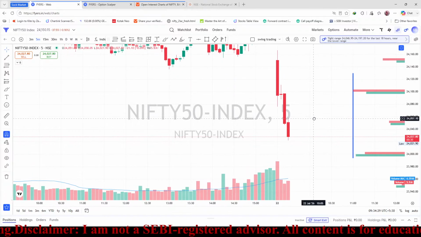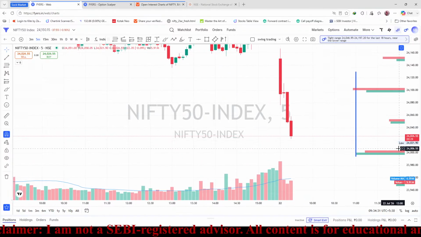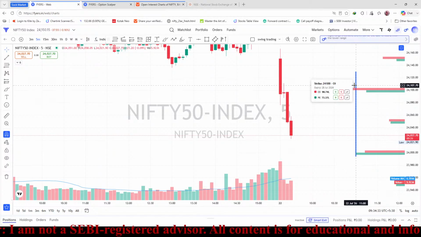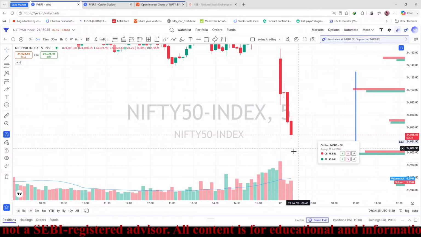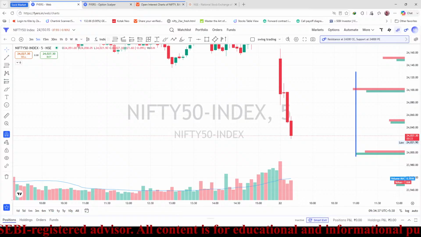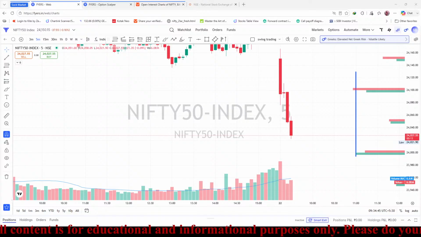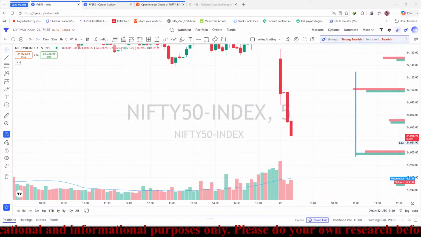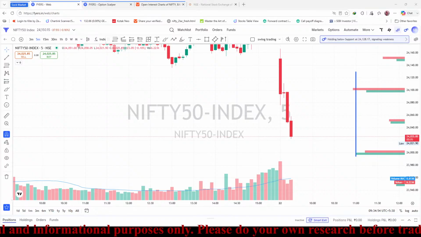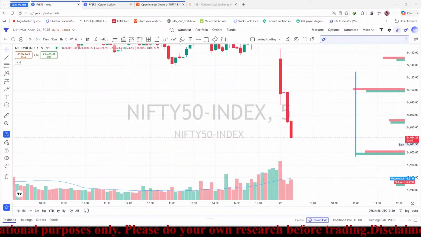What I did exactly, this is 24,000, my baseline. So I'm setting up this location. If it comes, I need to see the absorption and then some kind of seller exertion should be here. Then only I can find some areas. And if I'm right, I think it should come to the day high also today. Let's see how it is going to happen.